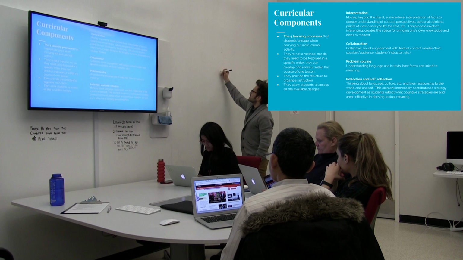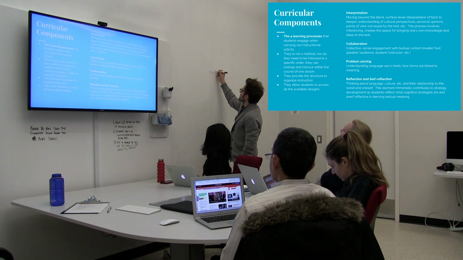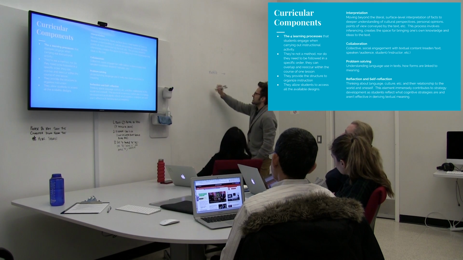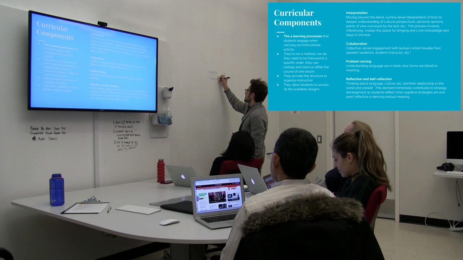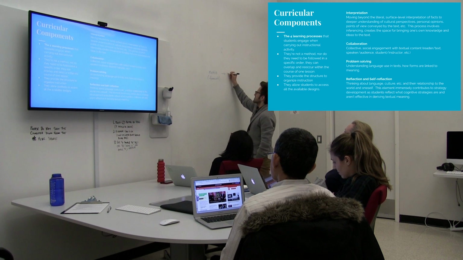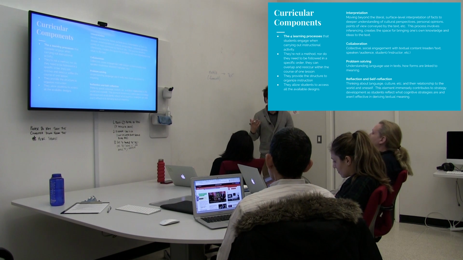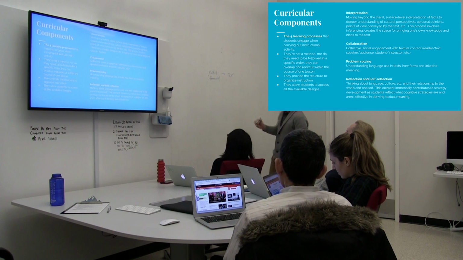Okay, so we have multi-literacies, and it's a framework, right? And that is essentially based on text. And by text, I don't mean just the letters, I mean anything that contains information.